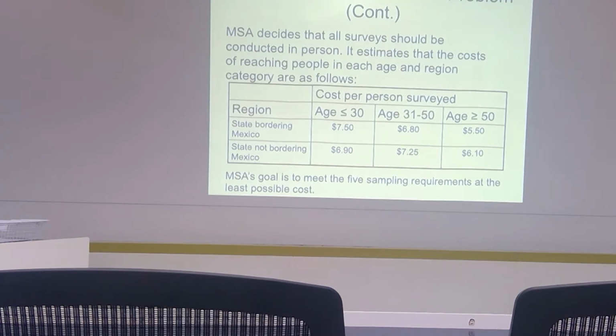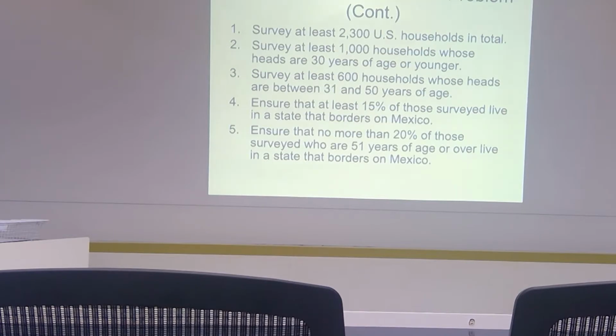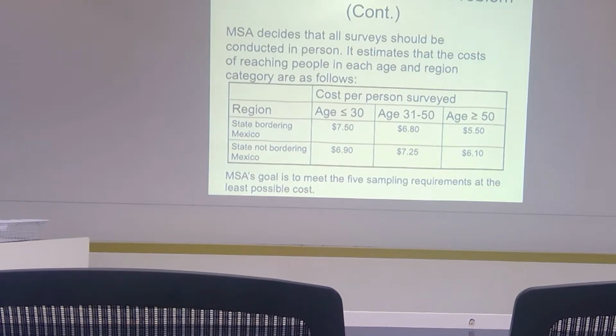The goal is to meet the 5 sampling requirements, and for sure they want the minimum possible cost. So, just 5 minutes to do. Let's do this, probably the last one for us. We use this a lot for marketing, in the case of marketing research.